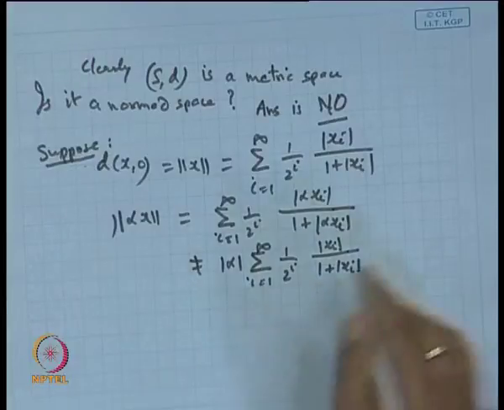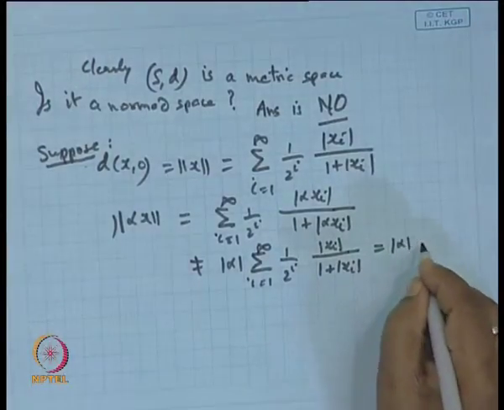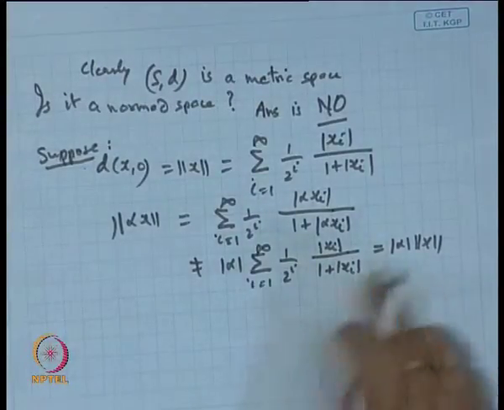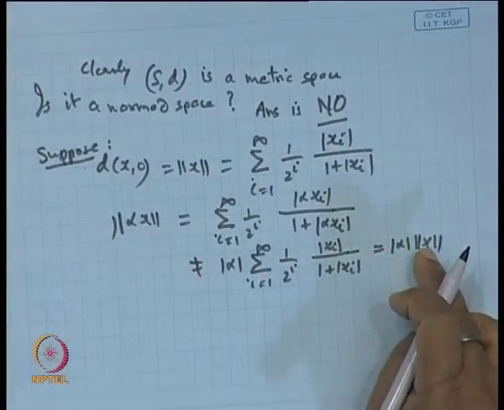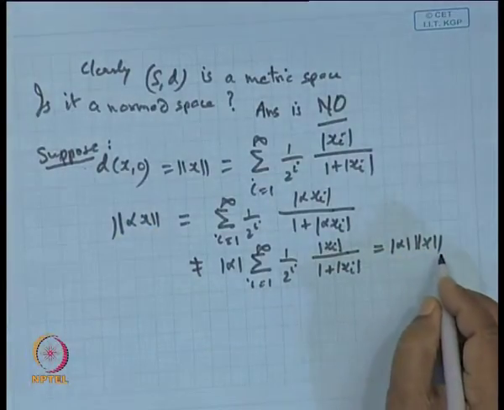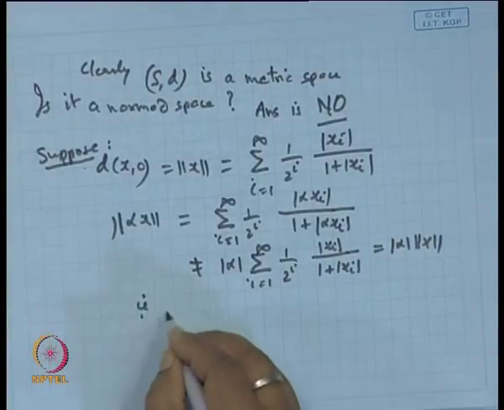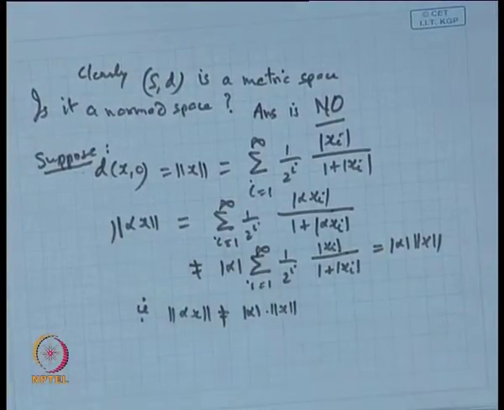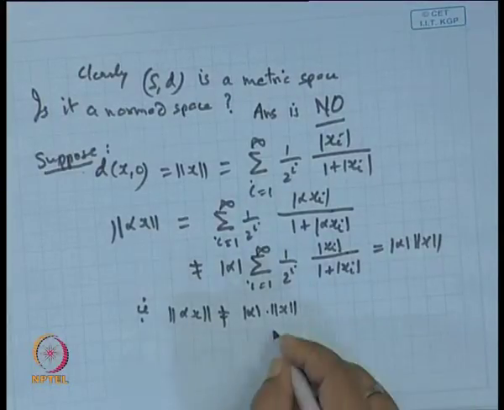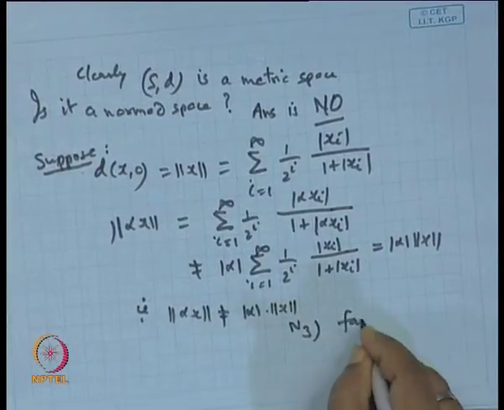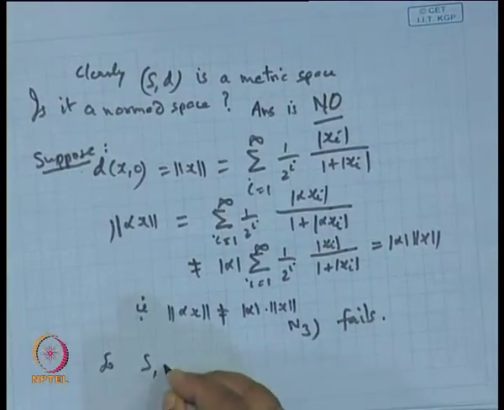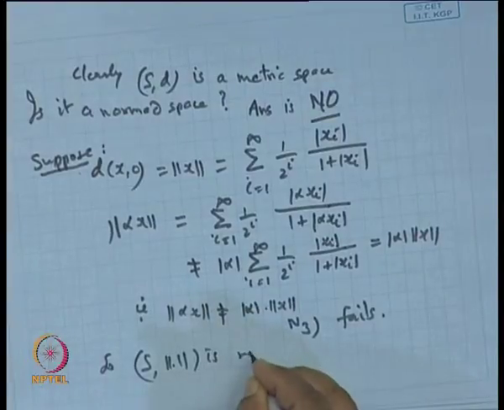That is, norm of alpha x is not equal to mod alpha into norm of x. So, the condition N2 or N3 fails. Therefore, S cannot be a norm space. So, S under this metric is not a norm space.